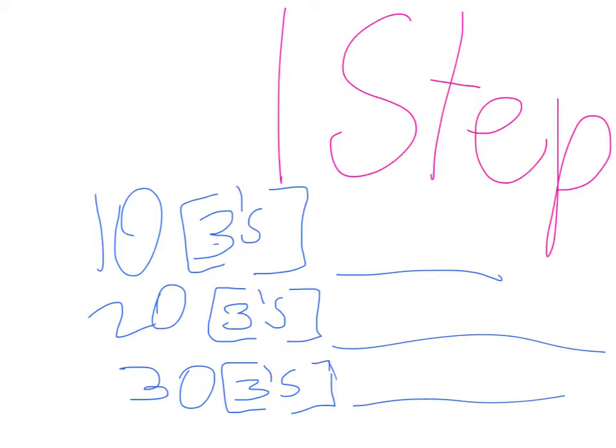Basically, that's like saying what's 10 times 3? And then 20, how many threes are in it? That's basically like saying 20 times 3. And then 30 times 3, 40 times 3, and 50 times 3. These are the answers that I'm going to write.